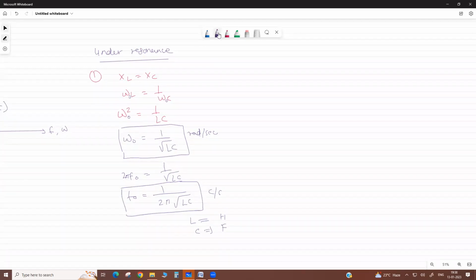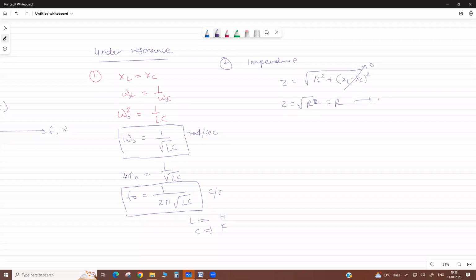Now at resonance, if we calculate impedance, Z equals the square root of R square plus (XL minus XC) whole square. They are equal, so that part is 0. Then Z equals under root R square, which means R only.